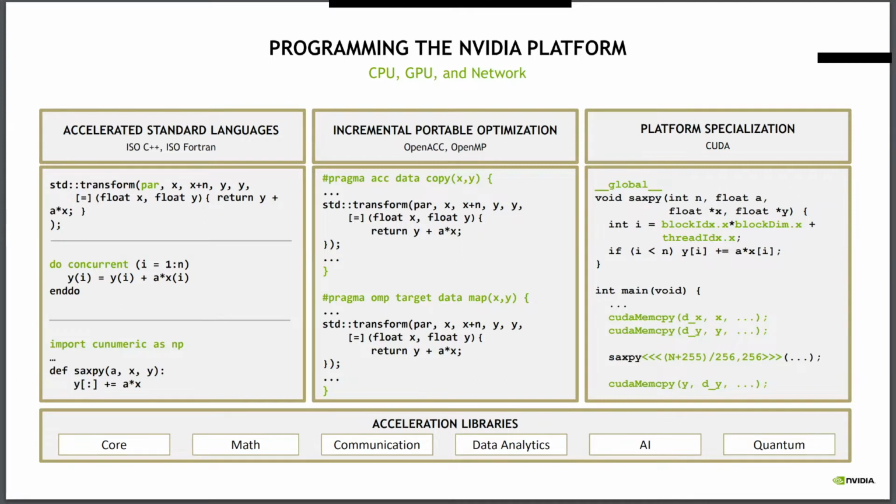All three of these things are supported on GPU with all of our profiling tools, including the one that has a lot of momentum behind it nowadays, which is accelerated standard languages. The idea here is you have ISO standard C++ code, ISO standard Fortran code. In some of the later standards, they've added things such as the do concurrent loop, which goes beyond the regular do loop that we're used to in Fortran 77.